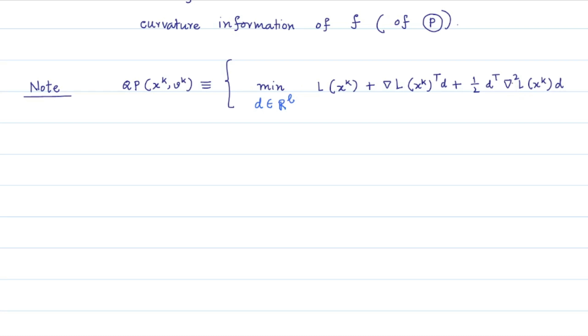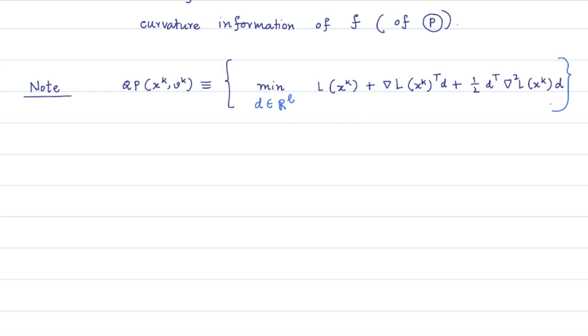Here I have spoken of Newton's method because throughout the entire derivation till this point, we have been using the recursive formula of Newton's method, and therefore this sequence xk, vk can be identified with the help of employing Newton's method on this unconstrained minimization problem of a quadratic function.